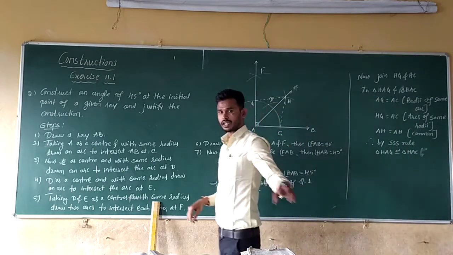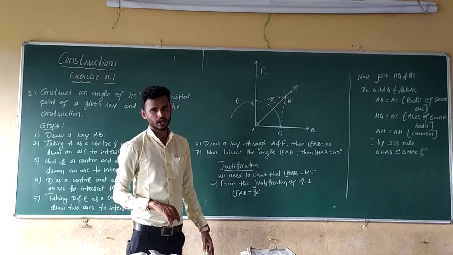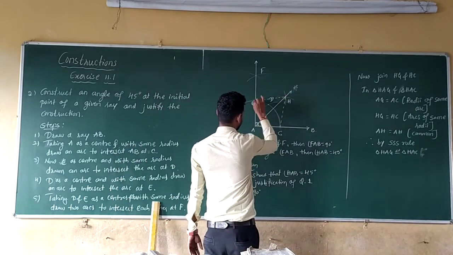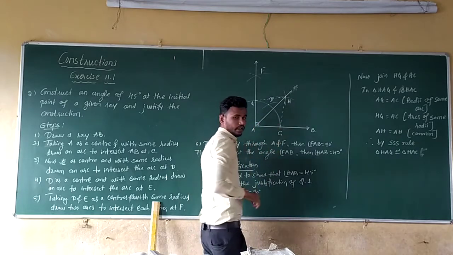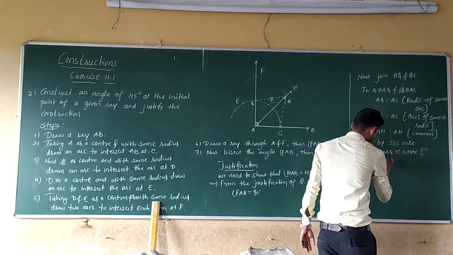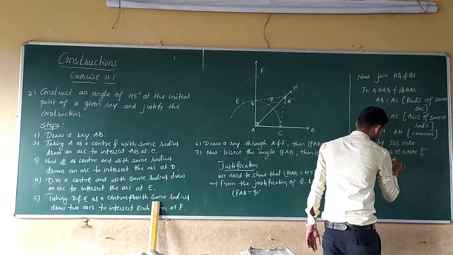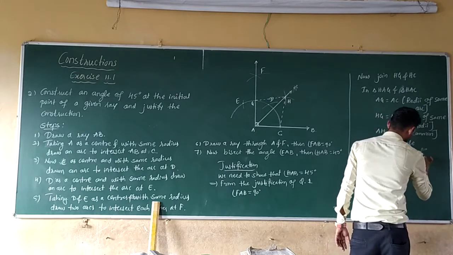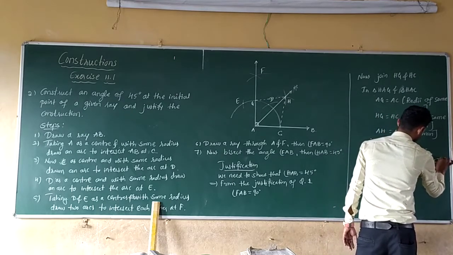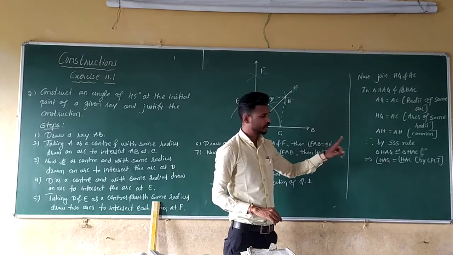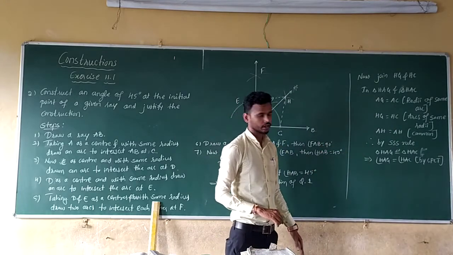If two triangles are congruent, then the corresponding angles are equal.